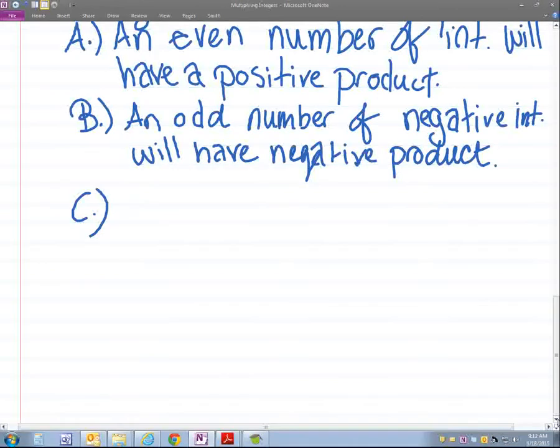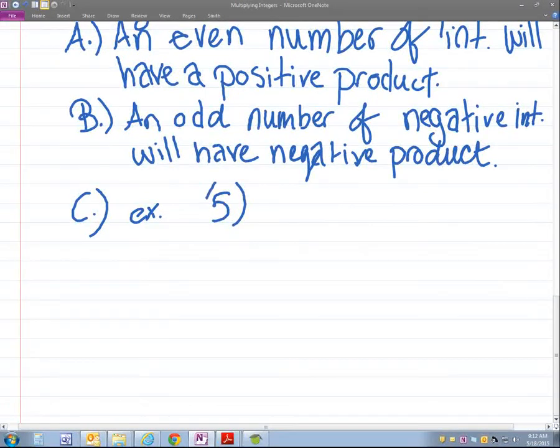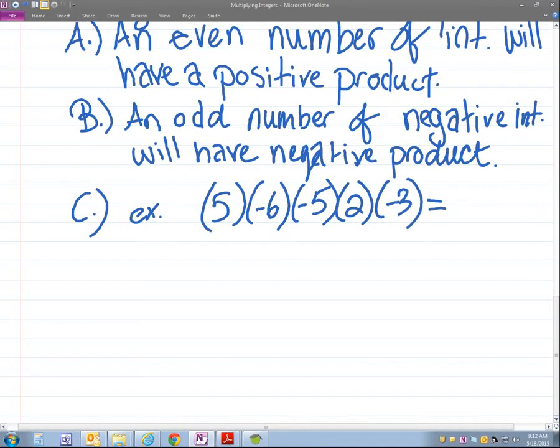So for example, is that product going to be positive or negative? I want everybody to copy it down.